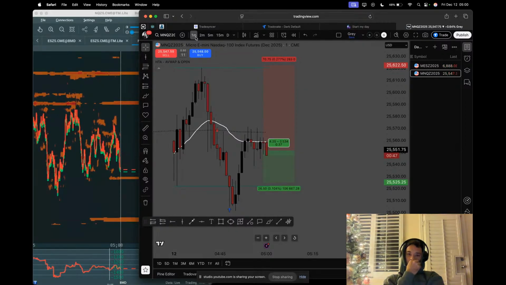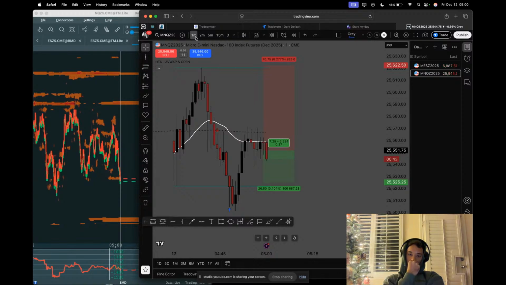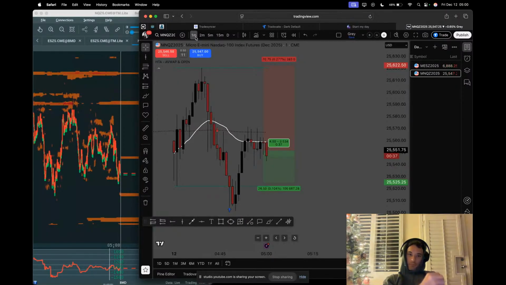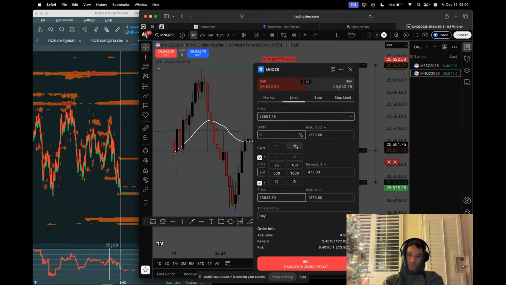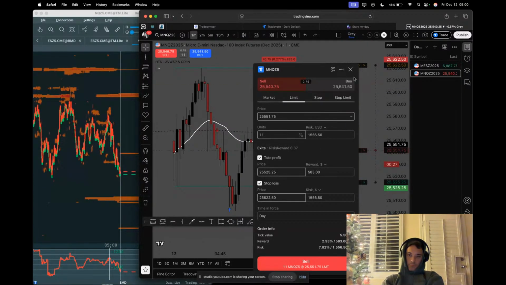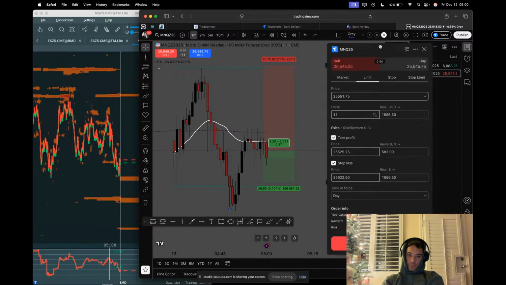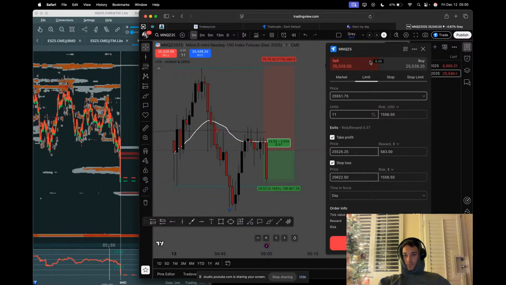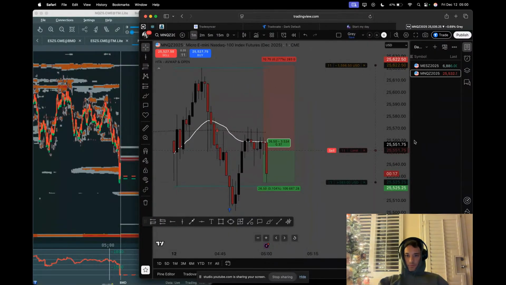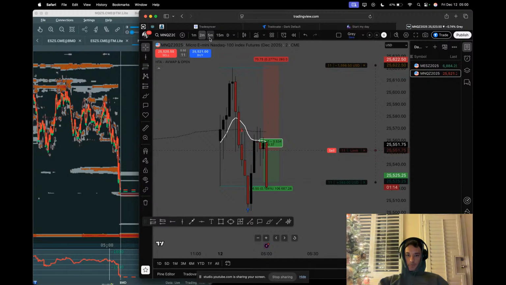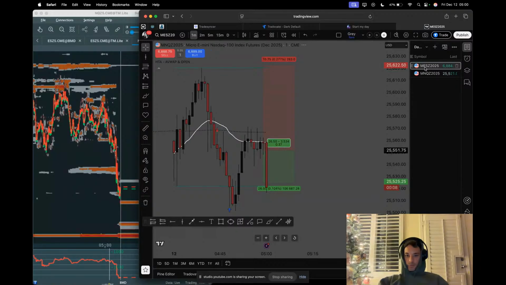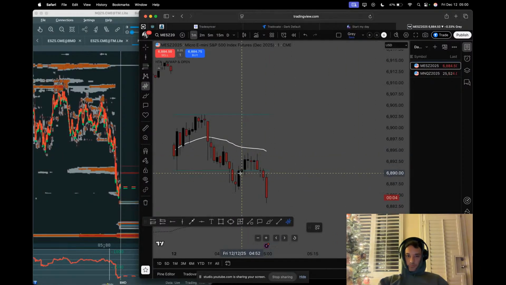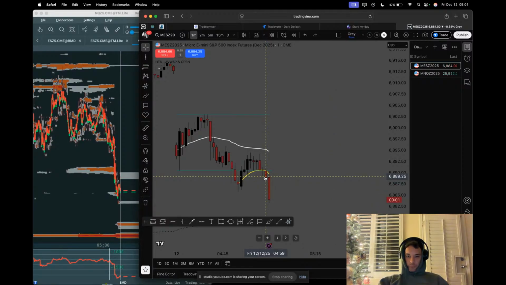Tricky, tricky. Push down. There it is. Yeah, I missed that entry. Handoff entry would be there.